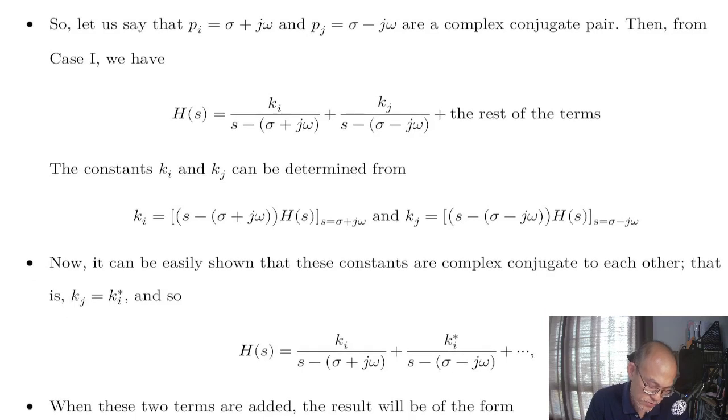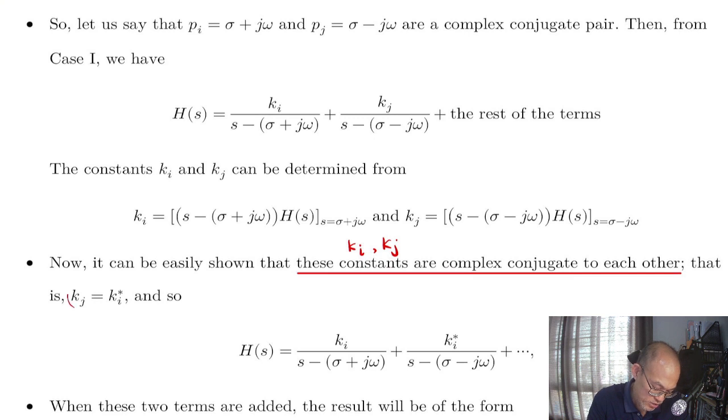When you do this, you will find eventually that ki and kj are complex conjugates of each other. You can show that these constants, ki and kj, are complex conjugates of each other.